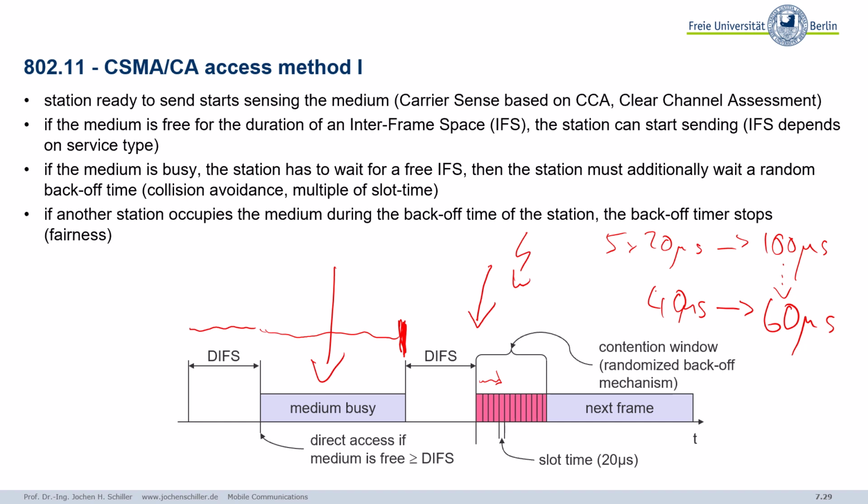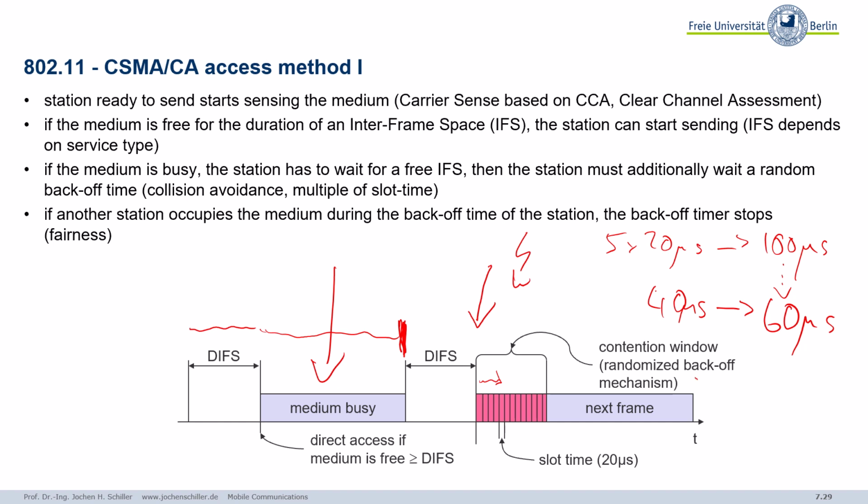So someone else has a lower random value. That means another station is allowed to access the medium before you can access it. That means you have to wait. You cannot then simply access the medium after your time. No, you have to wait. Then the other station accesses the medium, sends, and now that's the point where fairness sets in.